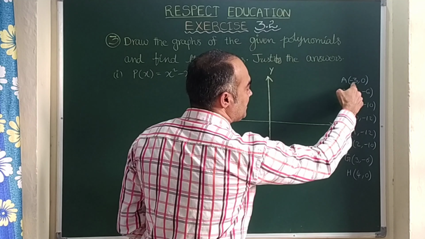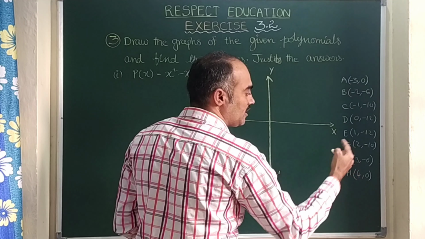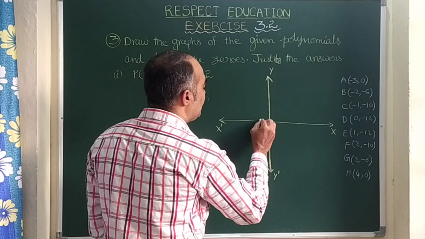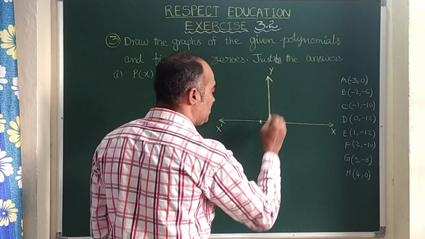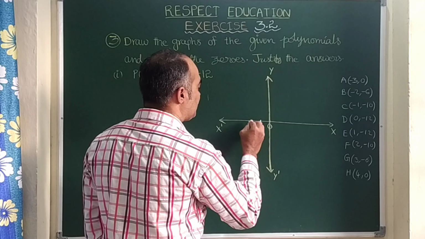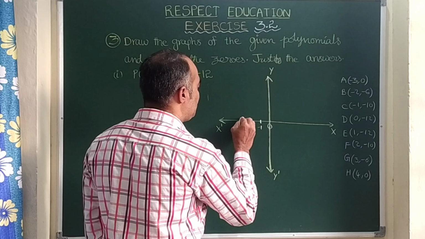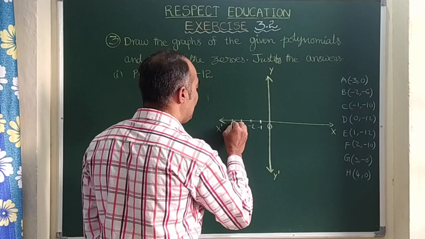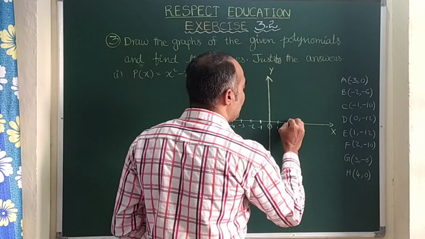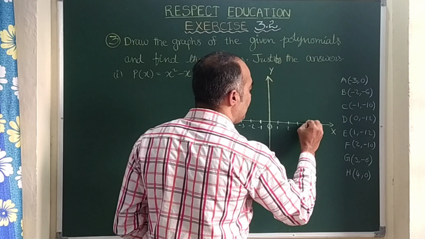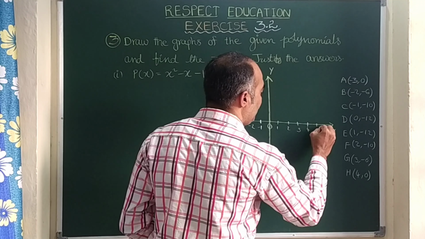Here you see x starts from minus 3 to plus 4. So I am taking this as the first point, it is called O, 0 comma 0. So this is minus 1, here it is minus 2, minus 3, then minus 4. And here positive, it is 1, 2, 3, 4 and 5.